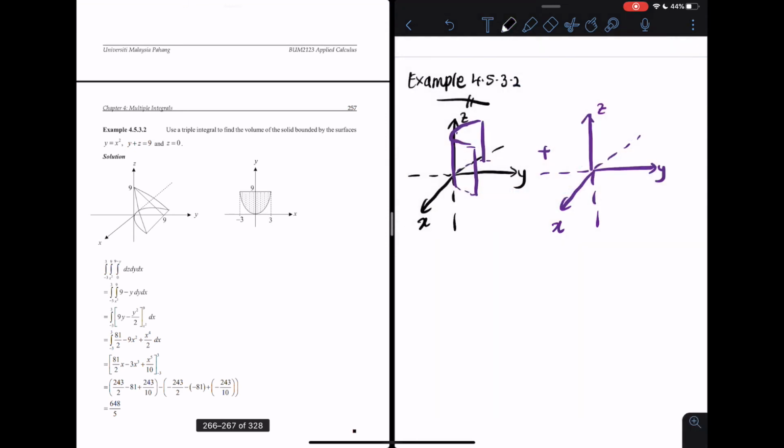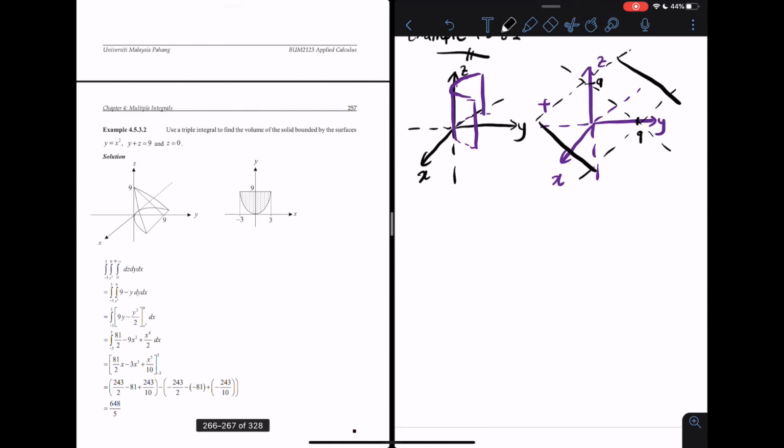Okay, then you have a plane, y plus z is equal to 9. Y is equal to 9, z is equal to 9. So I will have this plane, and this plane will be traced along the x-axis.